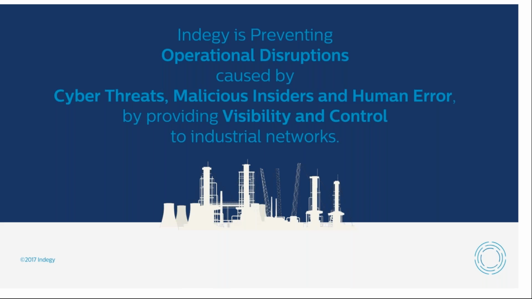So what InDig is really trying to do is protect against operational disruptions, whether that's cyber threats or just human error. You have a contractor coming in to do some work in your facility. They AFI a rung, so they make a rung false to jumper it out on your turbine system.